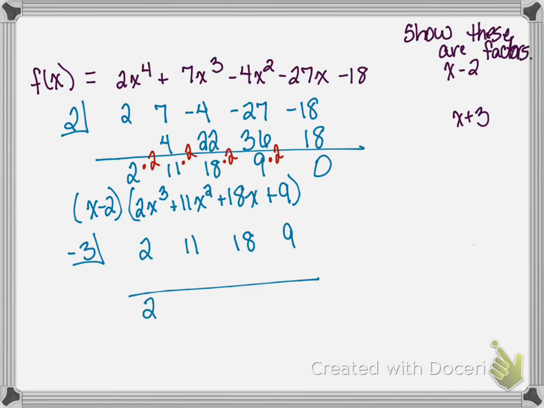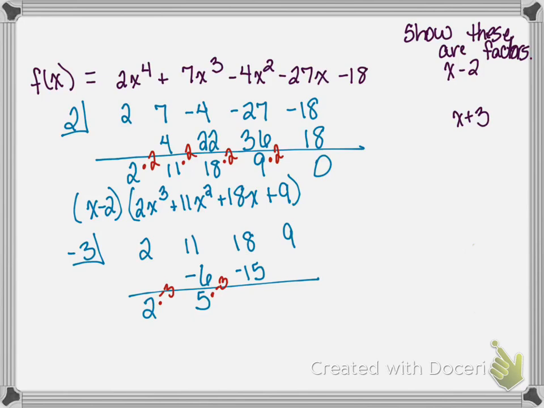What do I multiply the 2 by? 2 times a negative 3 is what? What's 11 and negative 6? I'm going to multiply the 5 times negative 3. 5 times negative 3 is negative 15.